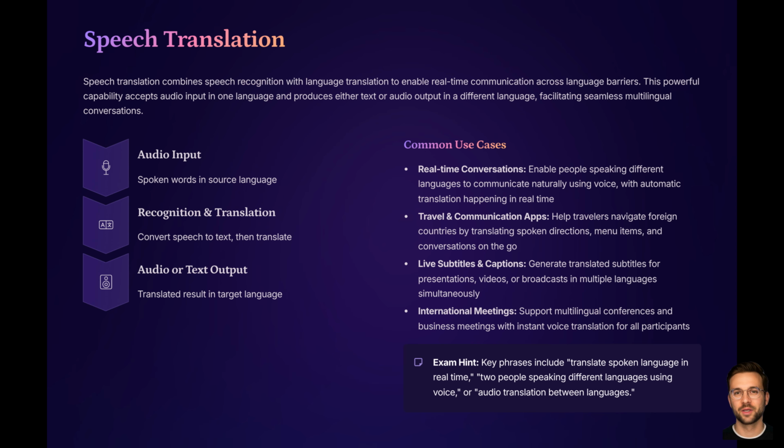Typical exam hints include translate spoken language from one language to another in real time. Allow two users speaking different languages to communicate by voice. Provide subtitles in another language for live audio. All of these scenarios point directly to speech translation. In summary, speech-to-text: audio in, text out. Text-to-speech: text in, audio out. Speech translation: audio in one language, text or audio out in another language.